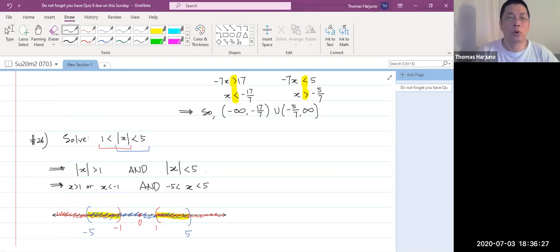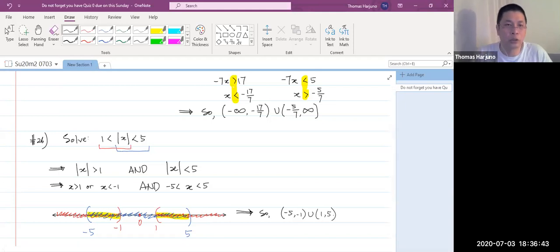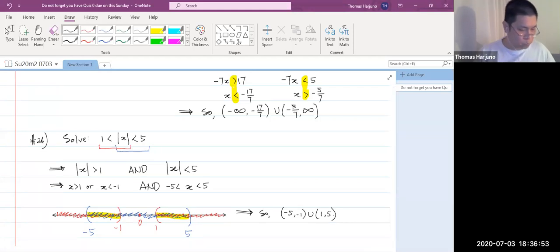So the solution will be negative 5 to negative 1 union 1 to 5. So basically you see compound absolute value inequalities as two absolute value inequalities that you need to solve simultaneously.